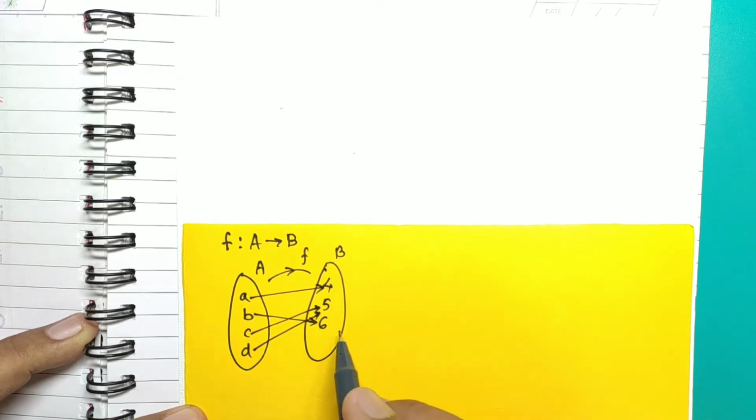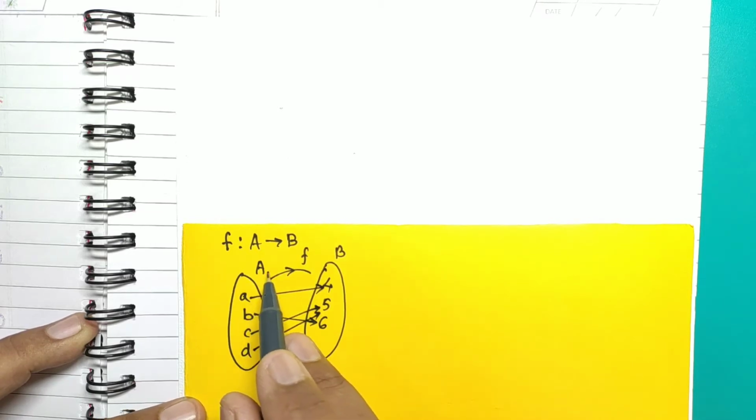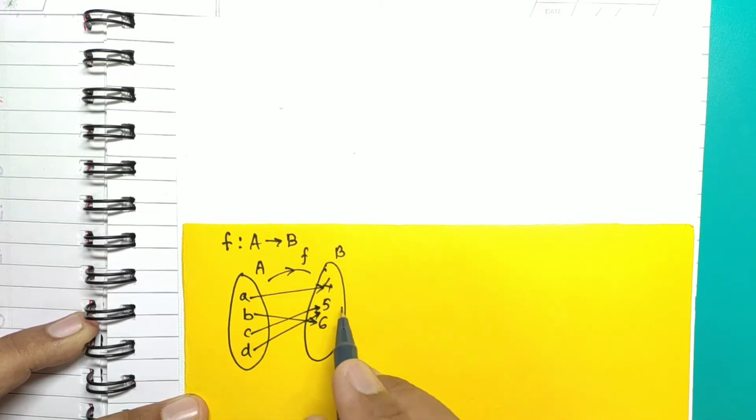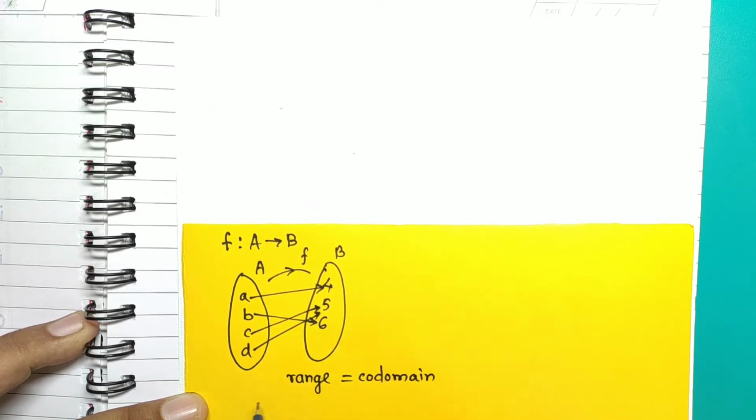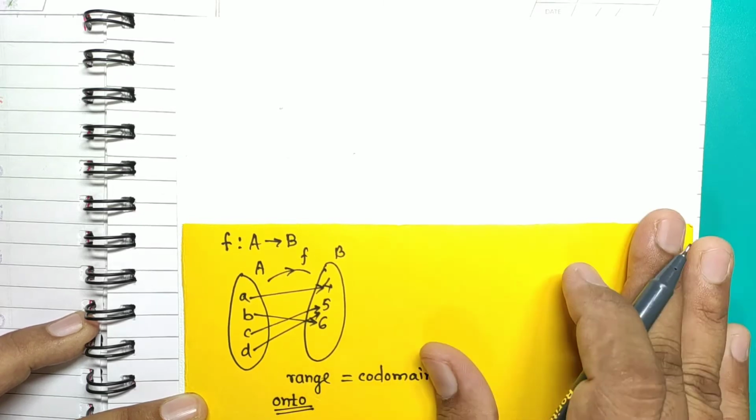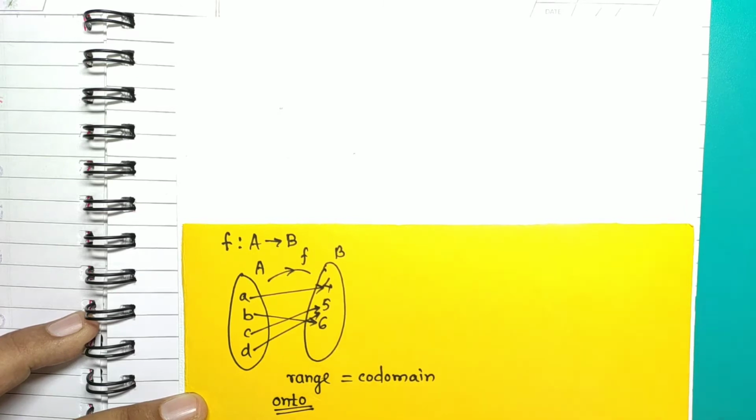Observe here that all the elements in the codomain are images of some elements in the domain set. That means here for function f, range set is equal to codomain set. Okay. So such a type of function is called an onto function, or surjective function.